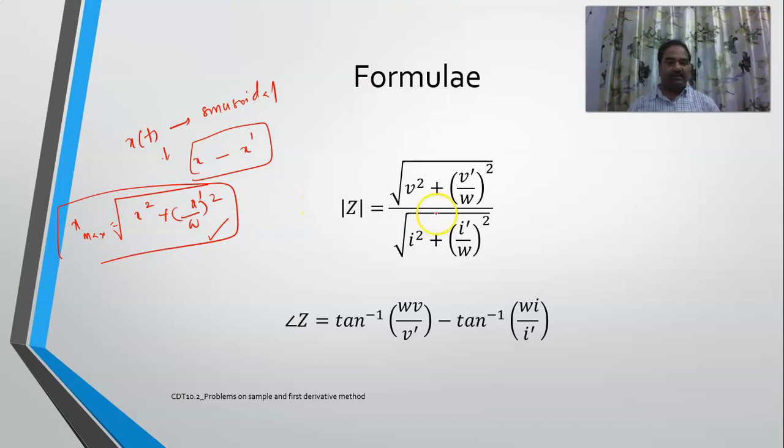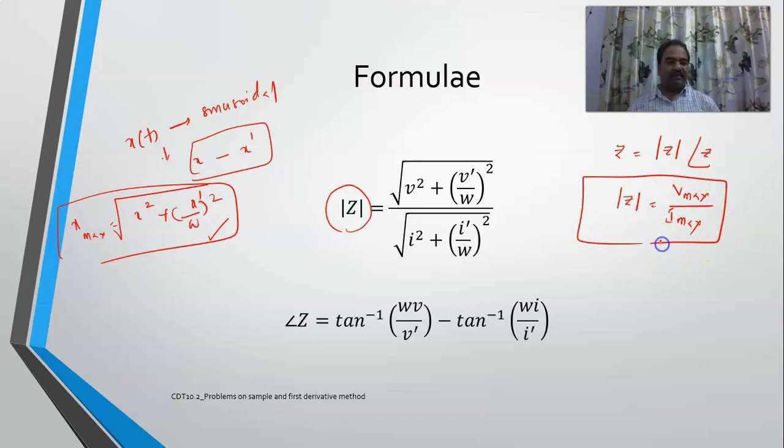Apart from that, we have seen that the impedance phasor Z will have a magnitude and also an angle. Magnitude of Z is given by the peak values Vmax by Imax.